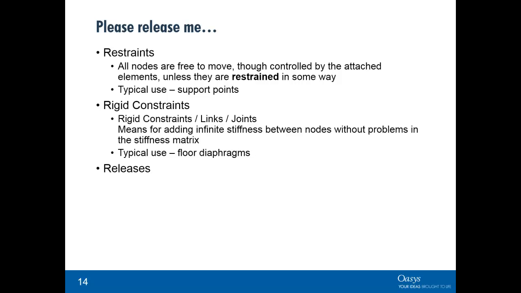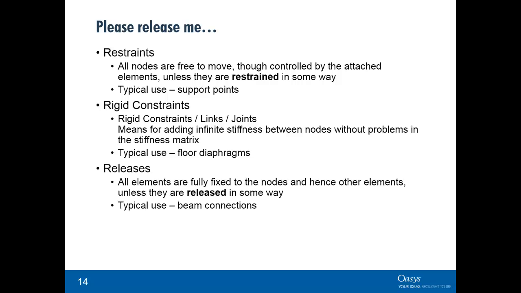If you were to add in a very high stiffness to the model, that would lead to mathematical problems in the matrix. Same way that if you have exceptionally small numbers as well. Typical use is floor diaphragms, though there are other applications for it, such as maybe you're doing a stability model of just the cores, and you can link them together at floor levels with the rigid constraints.